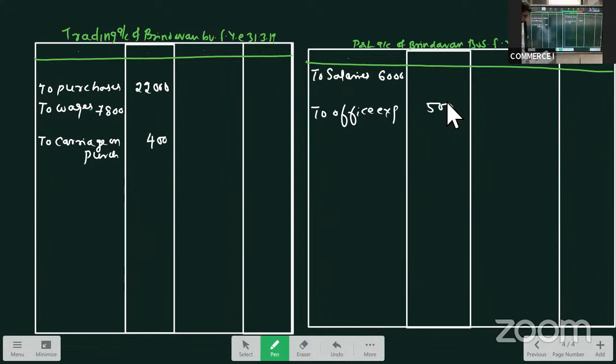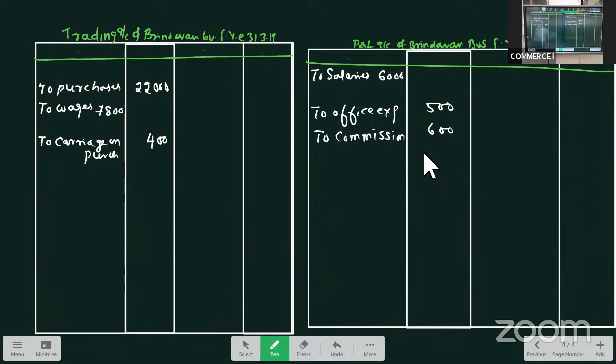Okay. Then commission. Again, it is a selling and distribution expense, or let us say an administrative expense. We'll take it in P&L only. Then debtors. Debtors are assets. They will go to balance sheet. Furniture, asset.